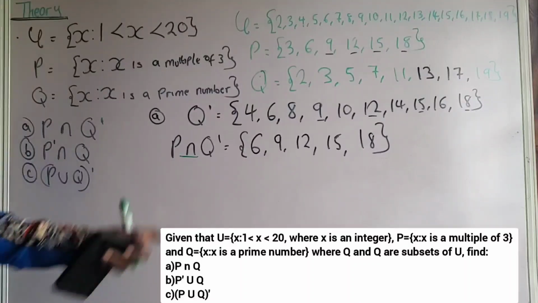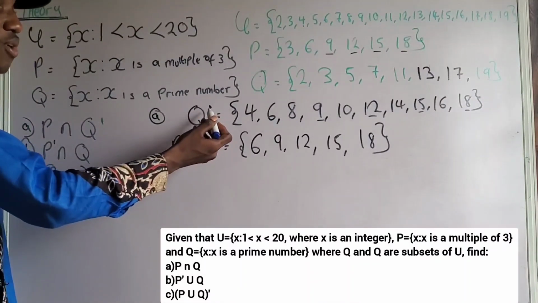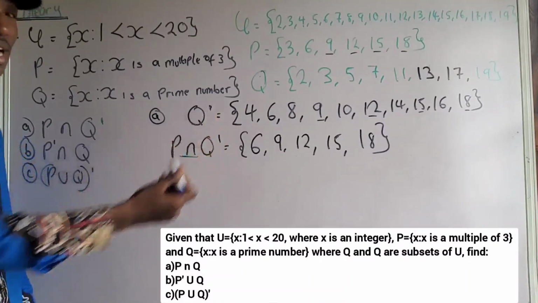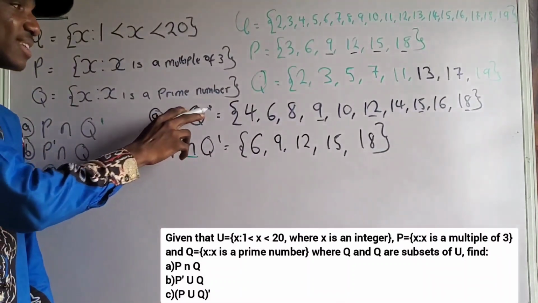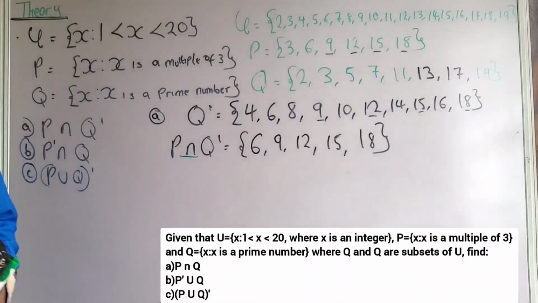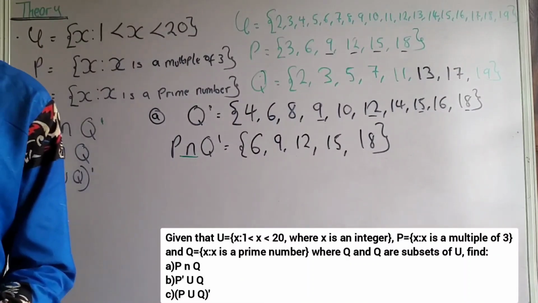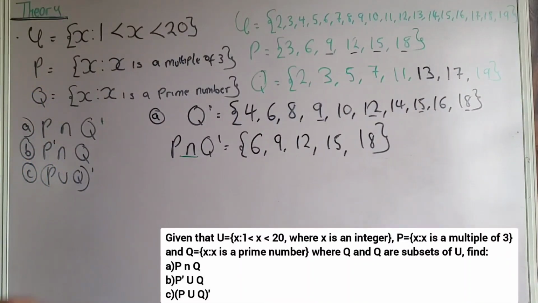So whether complement or prime, you are still going to arrive at the same answer. Just know that anytime you have an apostrophe or this kind of sign on top of any set, all you have to do is look for the elements that are present in the universal set that are not present in the set that I'm looking for.